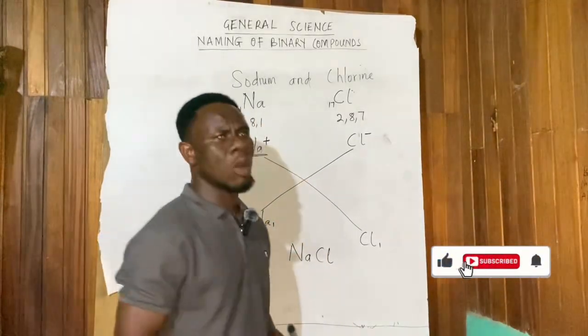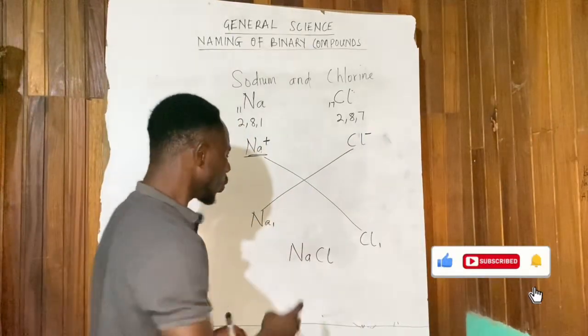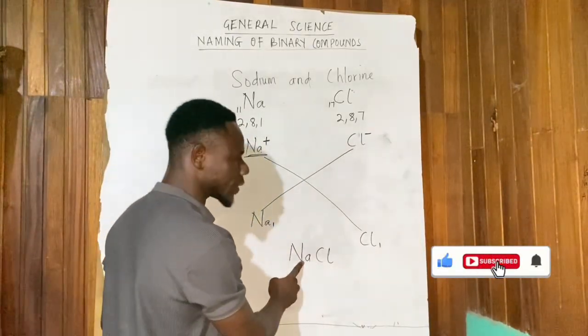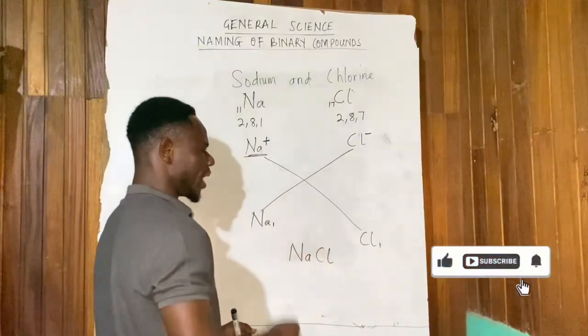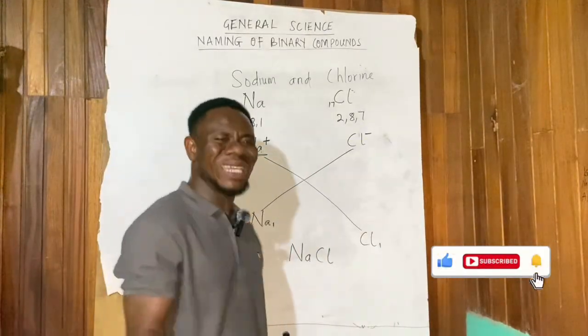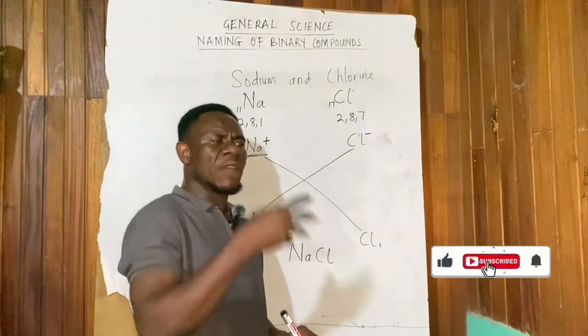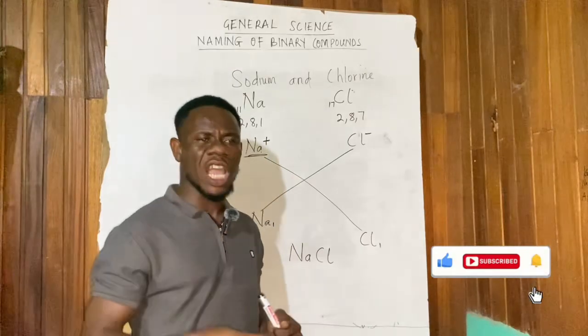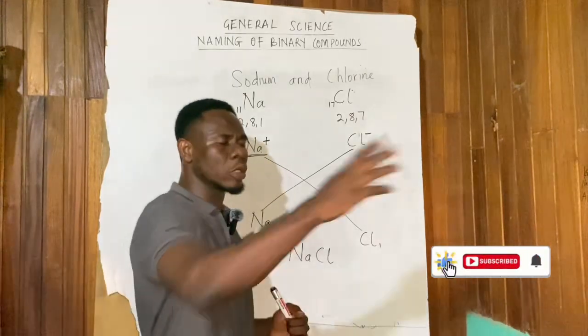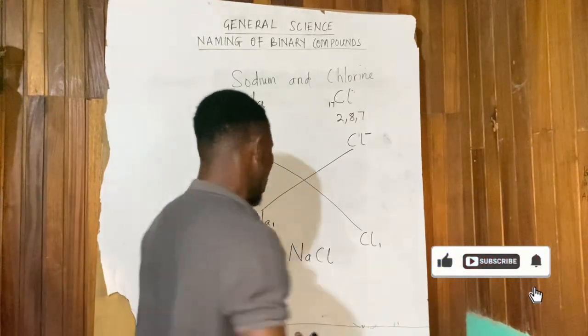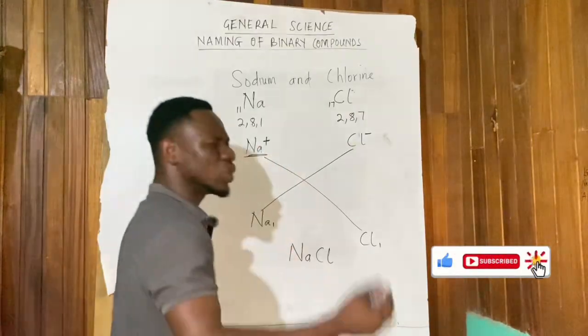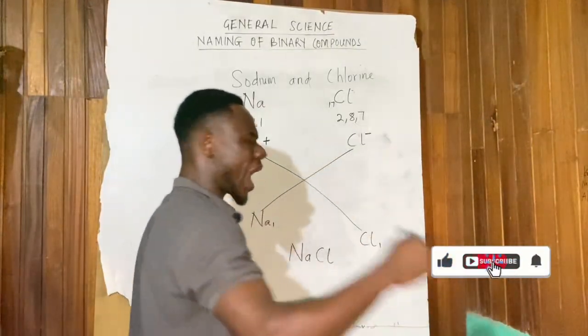So we get NaCl. Now, for ionic compounds, we name the metals first, followed by the non-metals. And for the non-metals, we change their last part to -ide. Chlorine will now change to chloride.